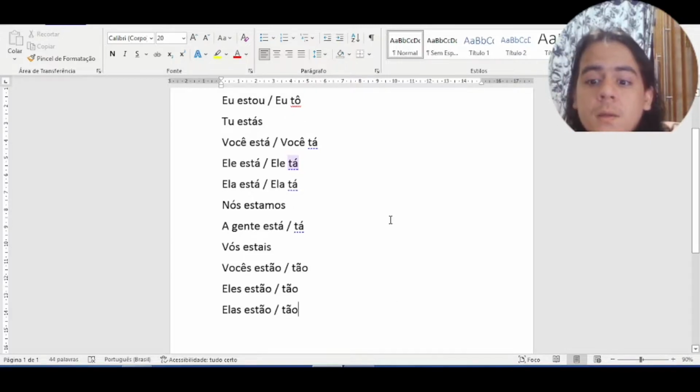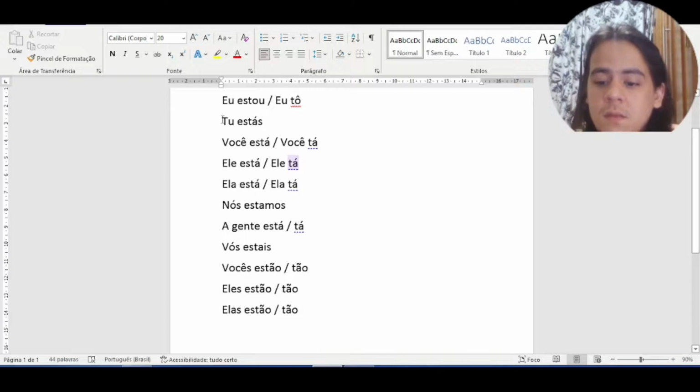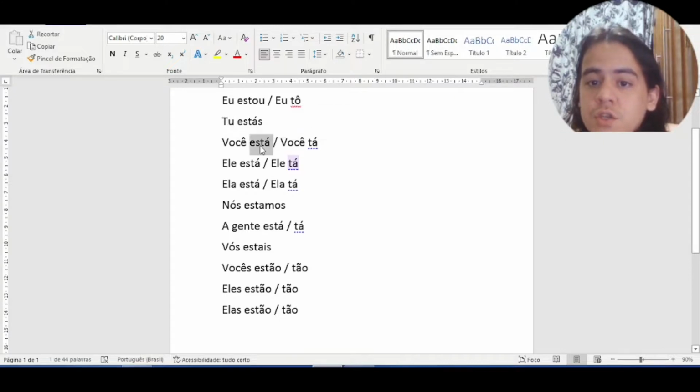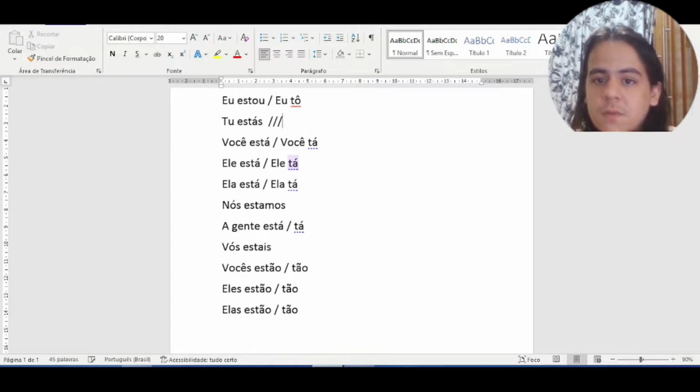And I said last class that in Rio de Janeiro it's very common for us to mix the personal pronoun tu and the conjugation of você. So we say tu está or tu tá.